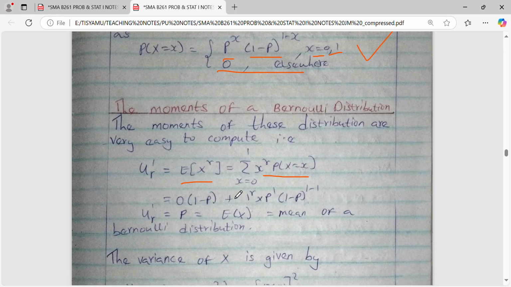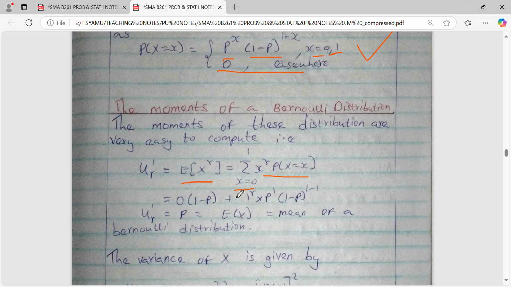And remember, x ranges from 0 all the way to 1. We begin by substituting x with 0. Remember our p of x is p raised to x times 1 minus p raised to 1 minus x, where x takes value 0 or 1.